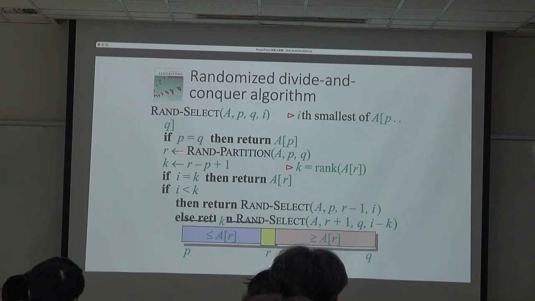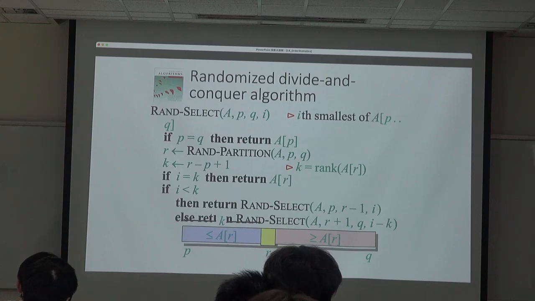Otherwise, you call random partition on A, P, Q. So try to partition this part of the array randomly. Remember we discussed random partition. Basically, we first generate a random number in the range of P and Q, and then do a swap to make that number the pivot.